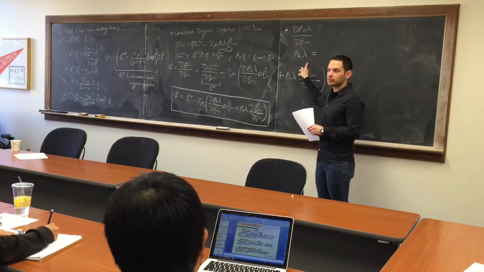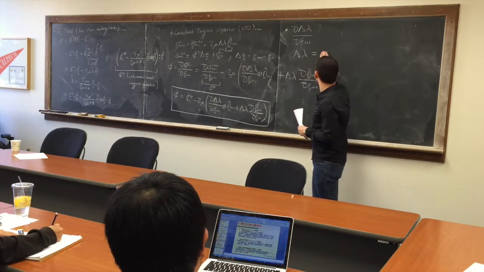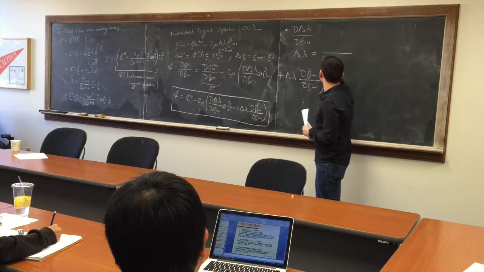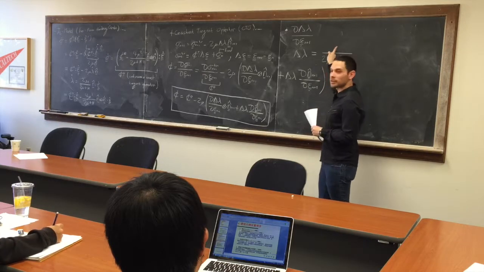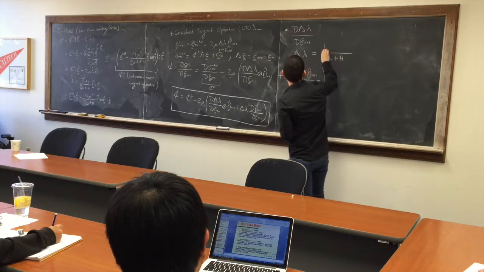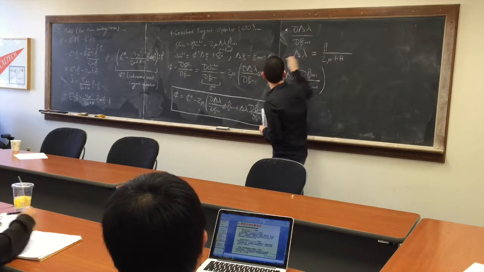Delta lambda is equal to what is up here? F n plus 1 trial. So we're doing the combo, right?